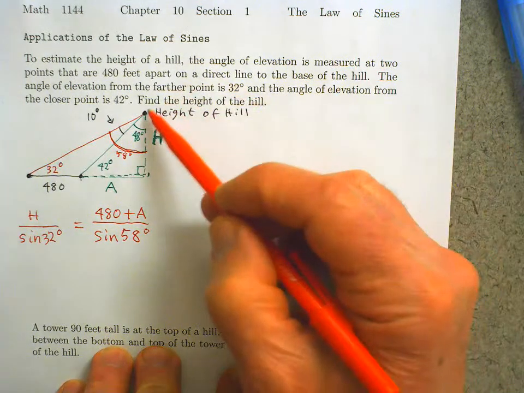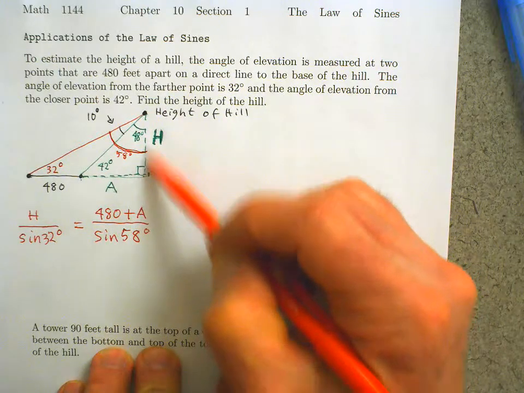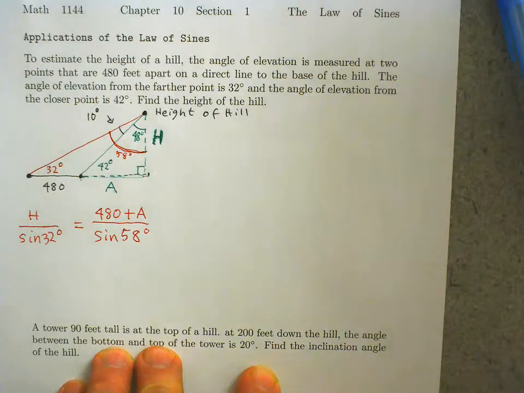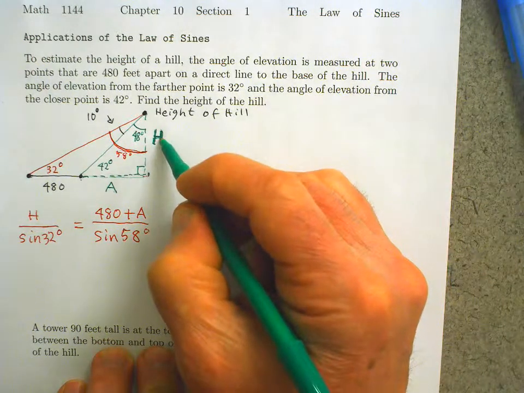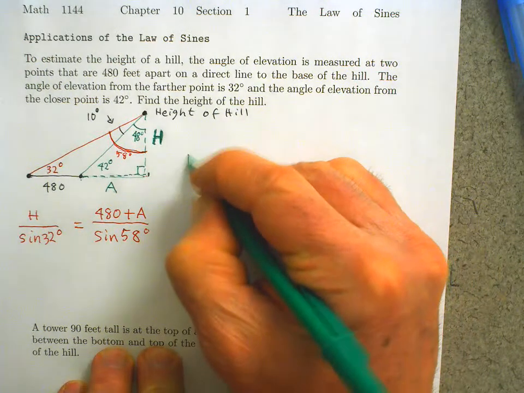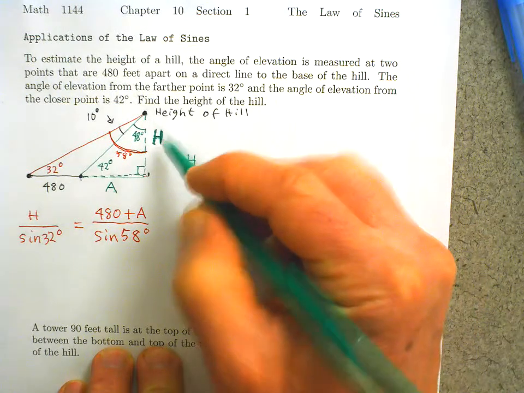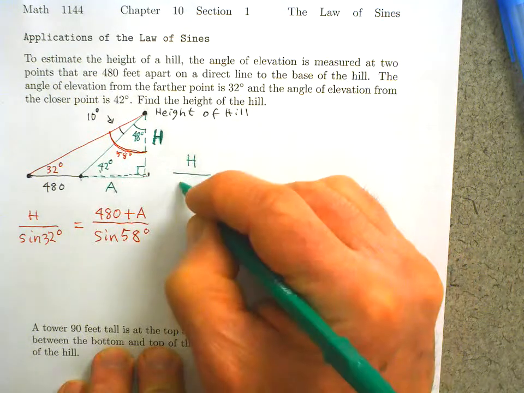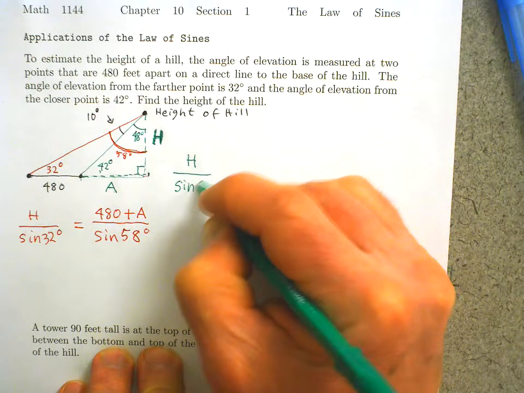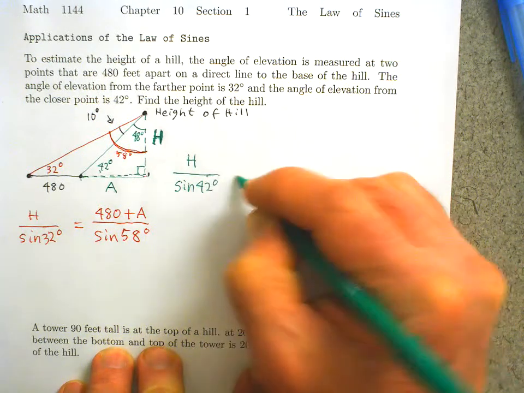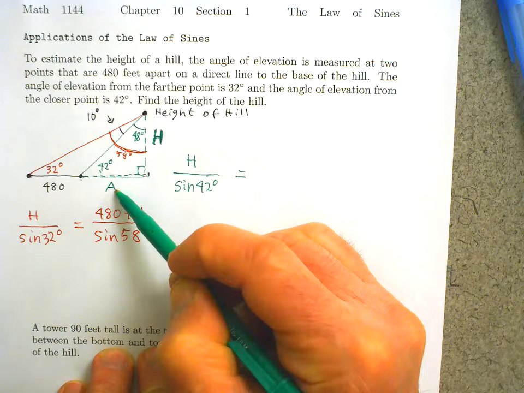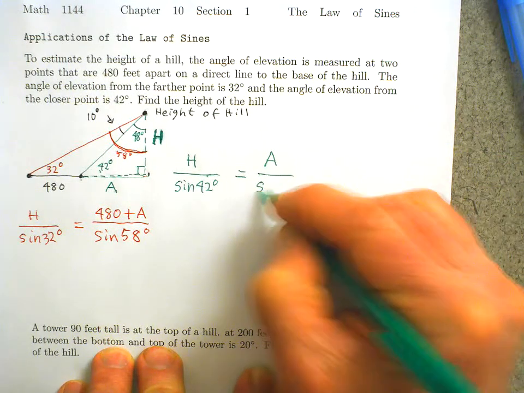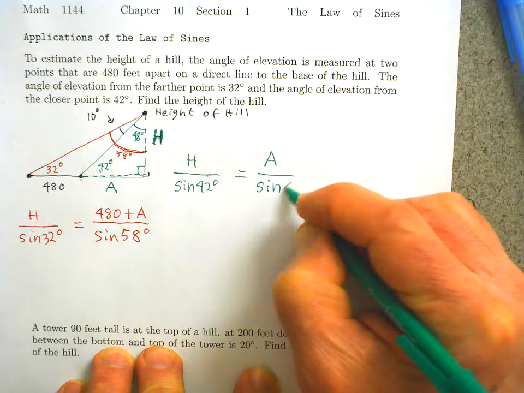And then in the smaller right triangle, we can write that H divided by the sine of 42 degrees, that's the angle opposite H, is equal to A divided by sine of 48 degrees.